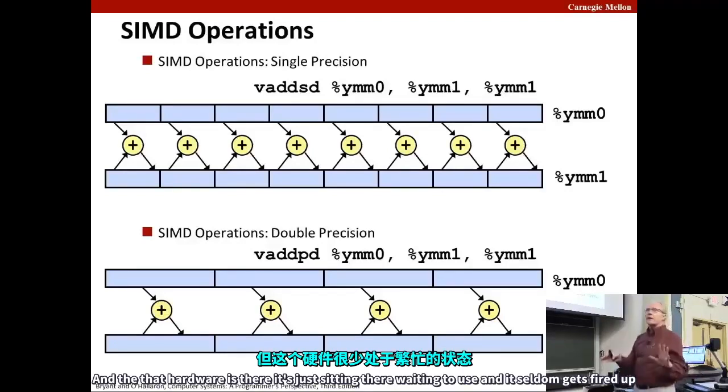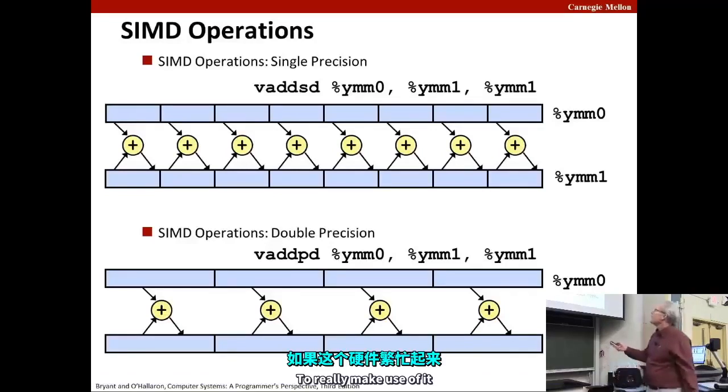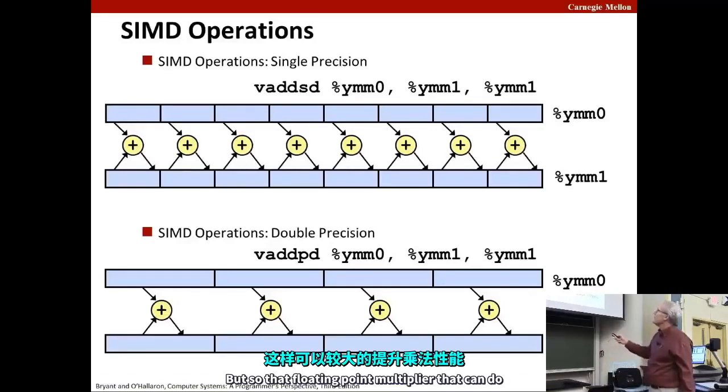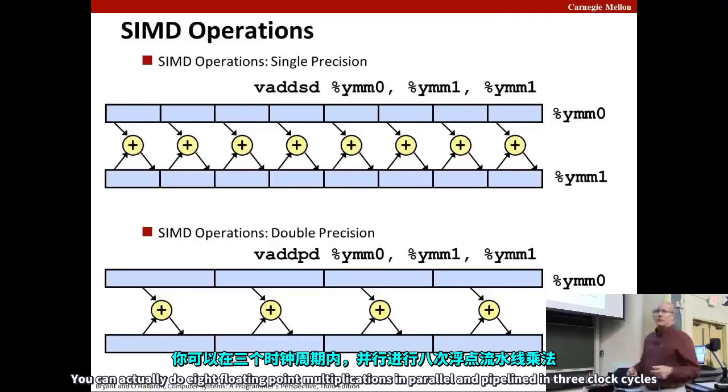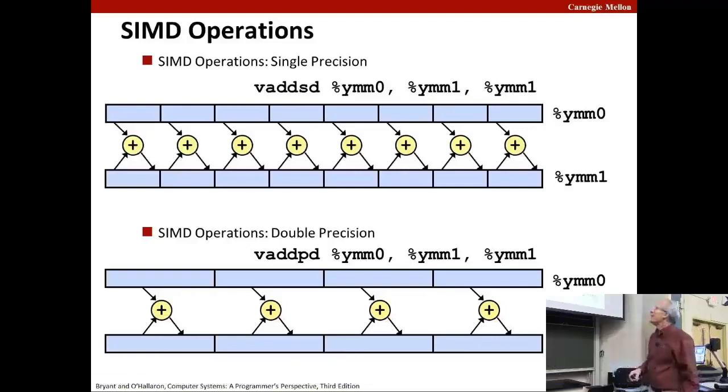It's just sitting there waiting to be used, and it seldom gets fired up. But that floating point multiplier that can do floating point multiplication in 3 clock cycles and is fully pipelined can actually do 8 floating point multiplications in parallel and pipelined in 3 clock cycles.